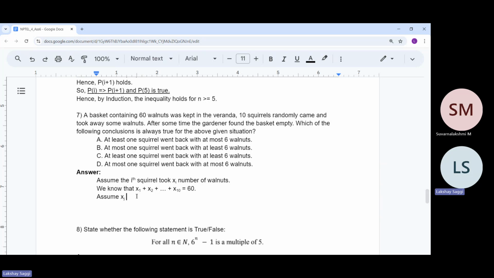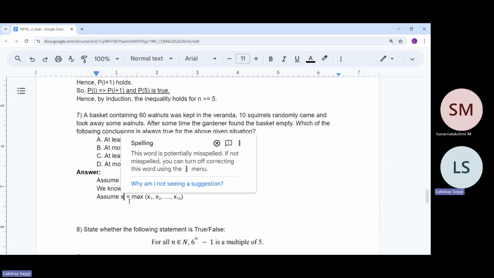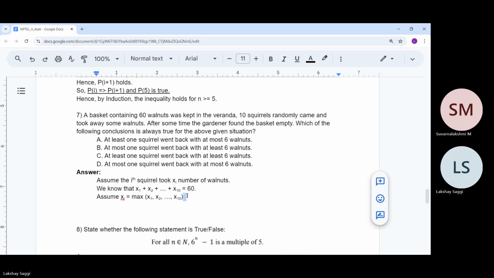Assume xj equals the max of x1, x2, and so on till x10. So these are 10 numbers. Out of these 10 numbers, let's say the jth number is the maximum. And similarly, xk is the minimum.